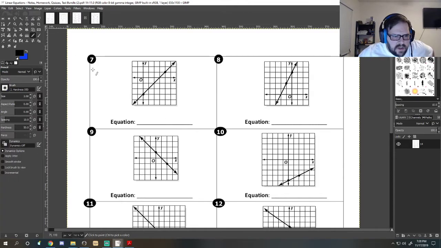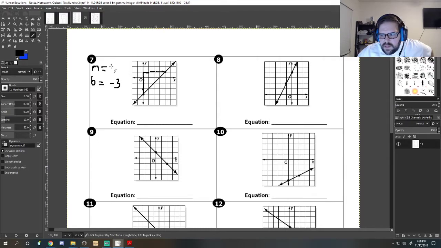So number 7. M equals, then B equals. I'm looking here on my origin. My b is going to be -1, -2, -3. And my slope will be positive 1, 2, 3, 4, 1, 2, 3, 4.